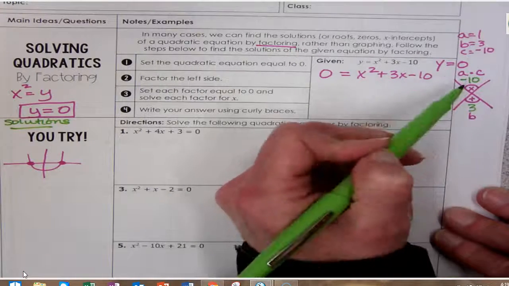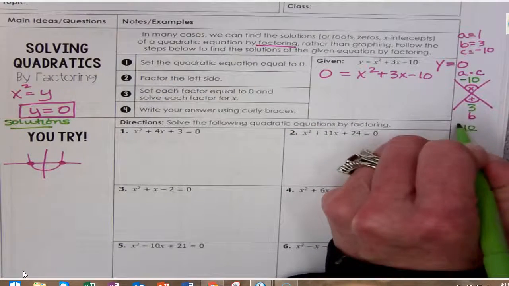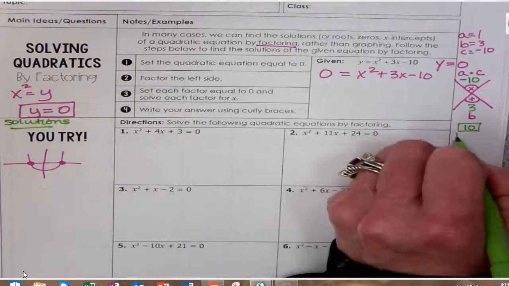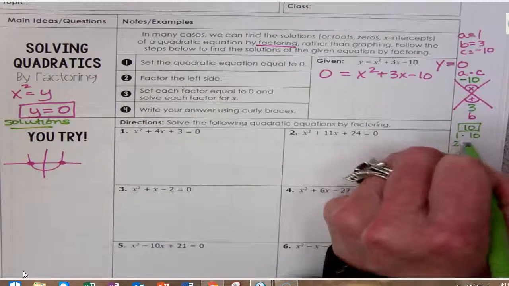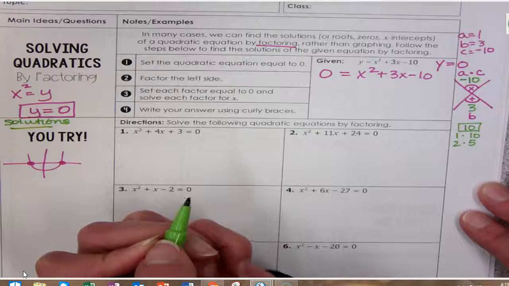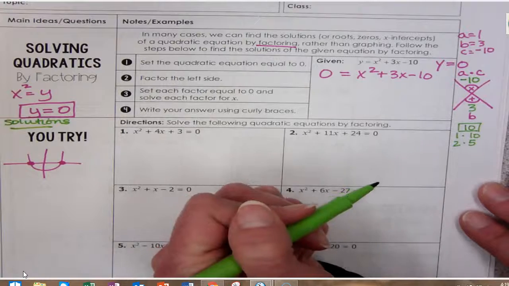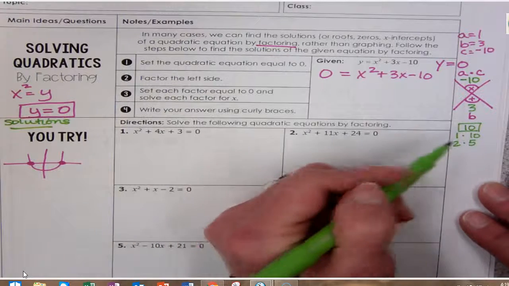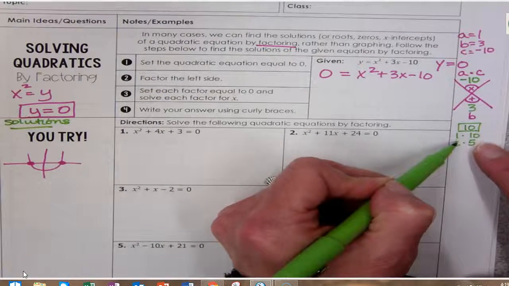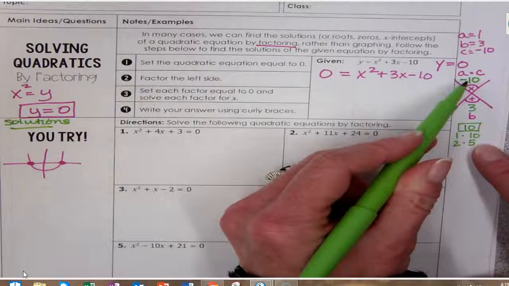So what two numbers? Well, first I need to figure out what are my factors to give me 10. 1 times 10, 2 times 5, and that's it. 5 times 2 and 10 times 1. So which of these are going to add to give me 3? Well, I know that if I multiply a positive times a positive, I'm going to get a positive number, not a negative number.